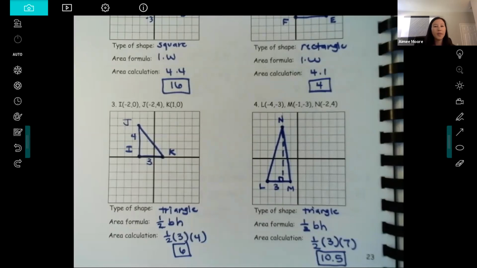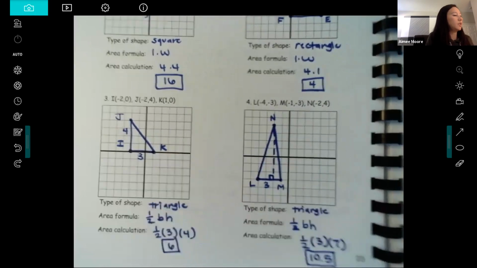Okay, awesome. Okay. So that was all the notes and assignments for Unit 2. So let's go ahead and move on to Unit 3.